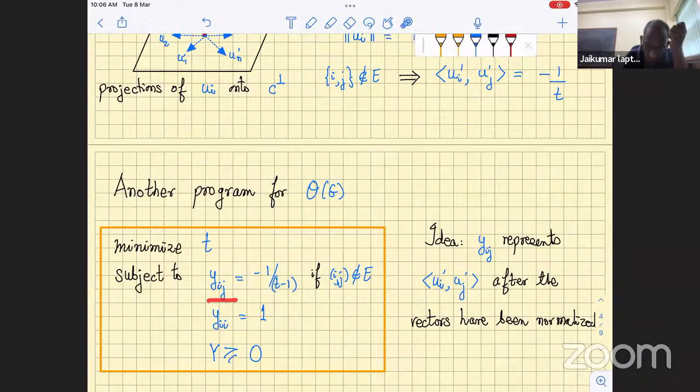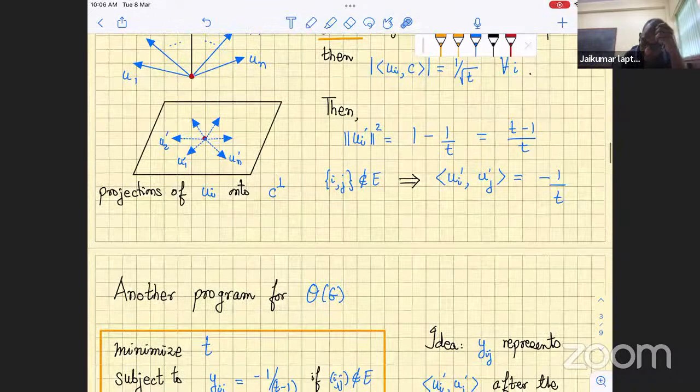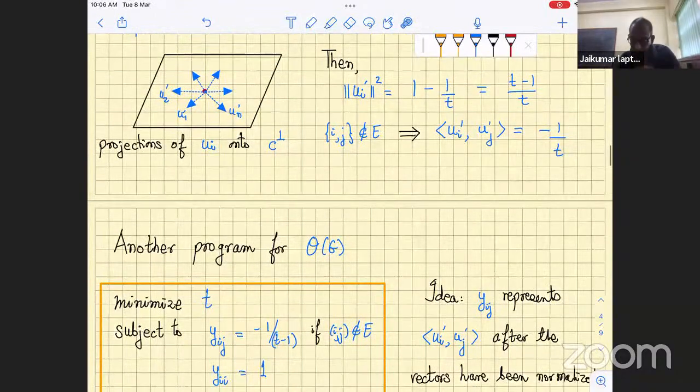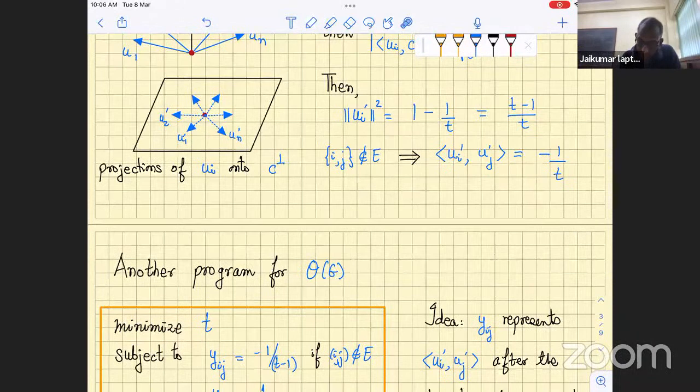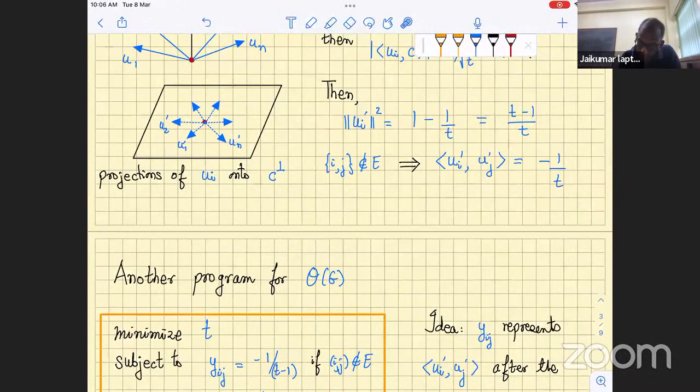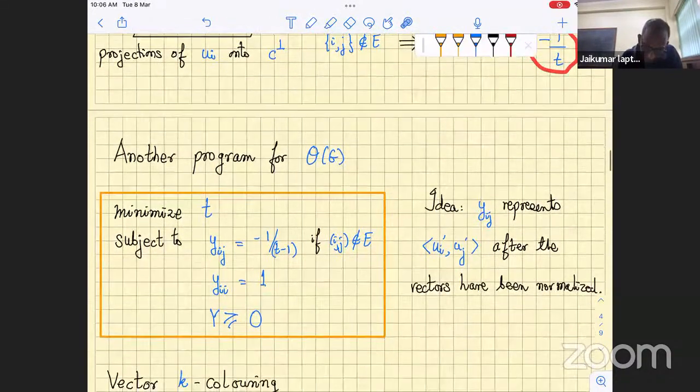Now, what happens to the dot product of two non-adjacent vertices? Well, you'll have to divide the original dot product by the normalization factor, the square of this quantity. I'll let you check, it becomes this.